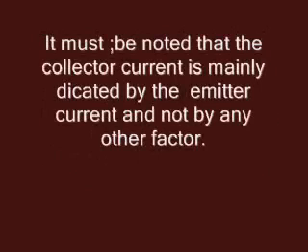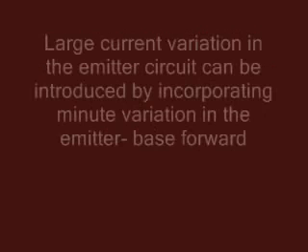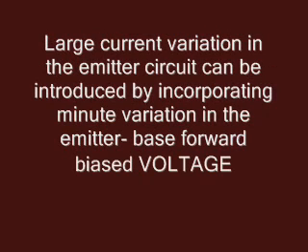It must be noted that the collector current is mainly dictated by the emitter current and not by any other factor. Large current variation in the emitter circuit can be introduced by incorporating minute variation in the emitter base forward biased voltage.